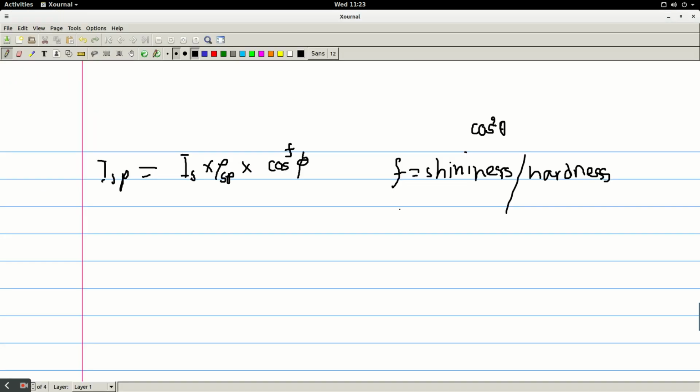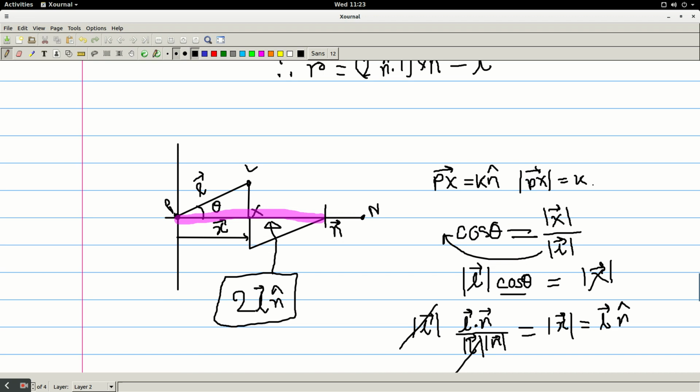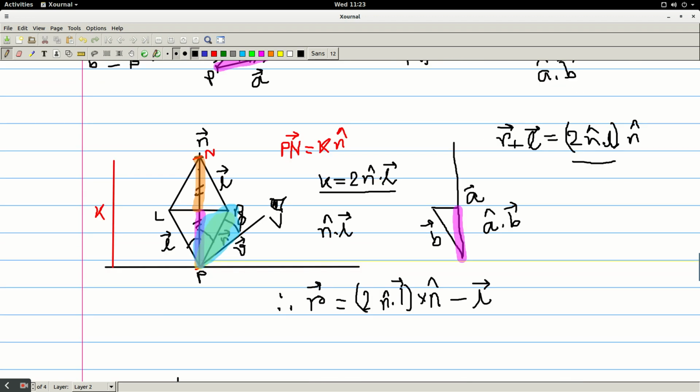Is this thing clear? Now, to put everything together, we cannot write cos phi. What do we do? Cos phi is actually dependent on two different vectors. Which two? L? Not L. It's actually N and, oh, not even N. R and V. We know V already. And yeah, this phi. This is over here, right?